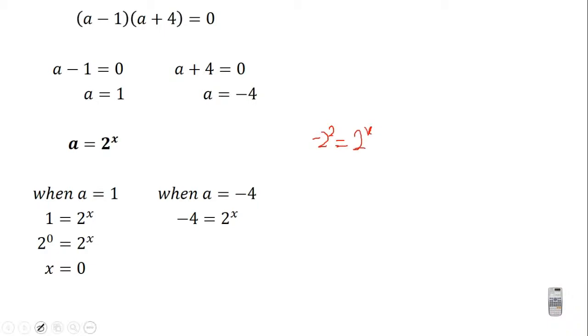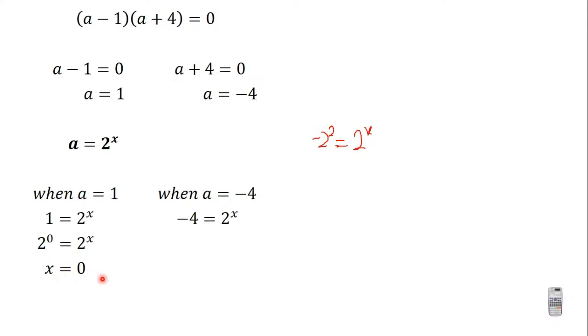Now, look at something here. The term on the left hand side has a base of -2, and the term on the right hand side has a base of 2. 2 and -2 are not the same, so we can't equate the exponents. Because we can't express both sides with the same base, we can't go on further with our solution here.